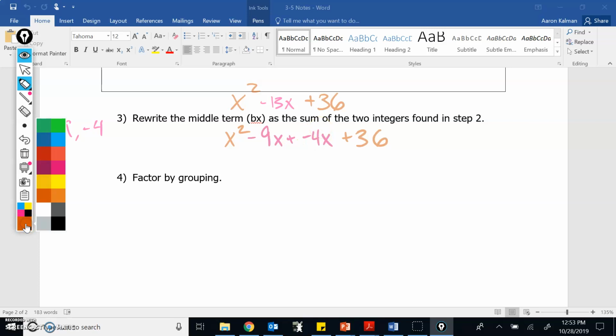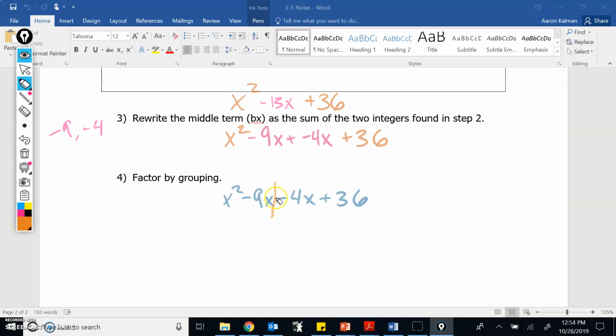Now we have to do the grouping part. X squared minus 9x. I'm going to write a minus 4x here because a plus negative means a subtraction sign. Drawing our line down the middle, right there. Let's do our GCFs. The GCF of this first binomial is just x, and we're left with an x minus 9.